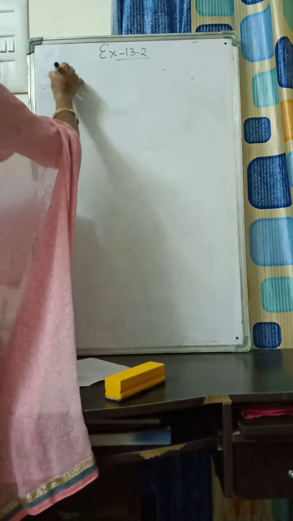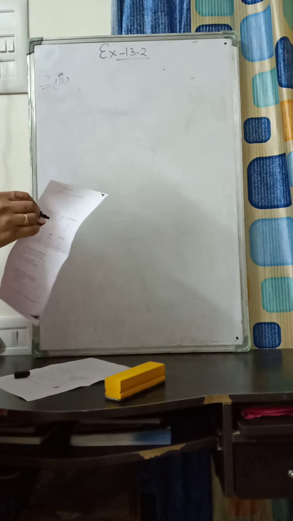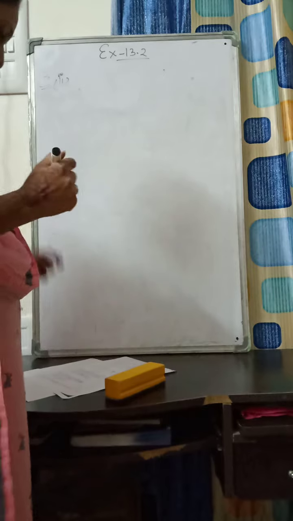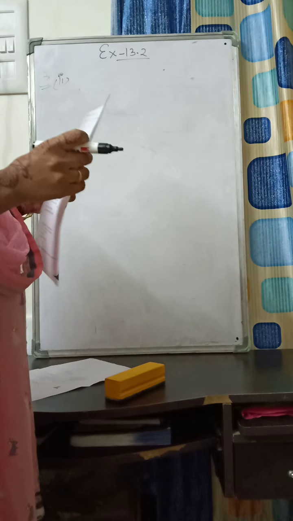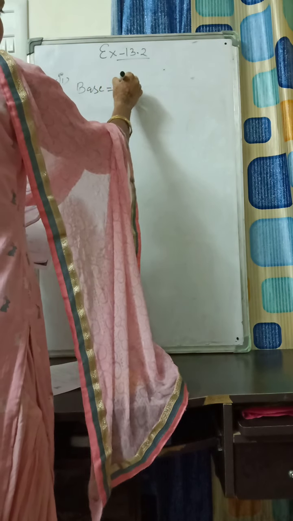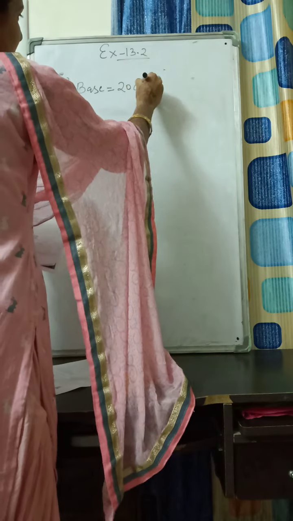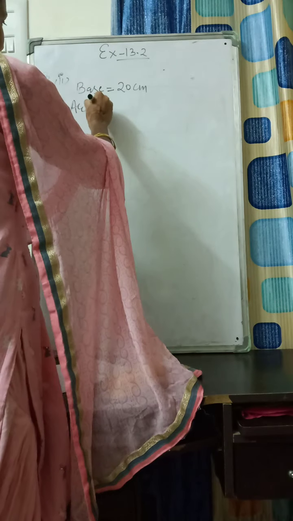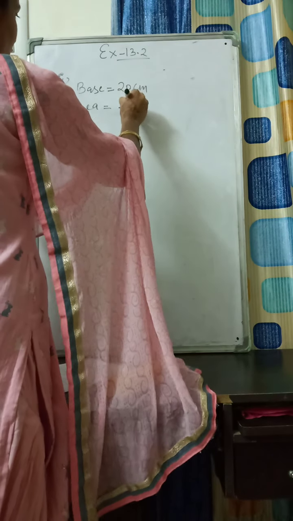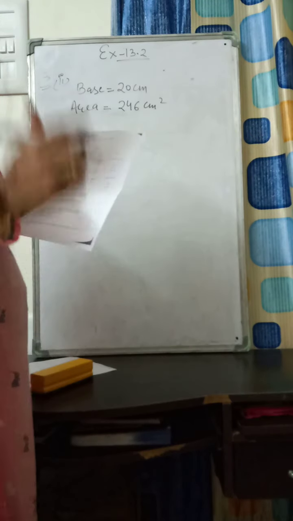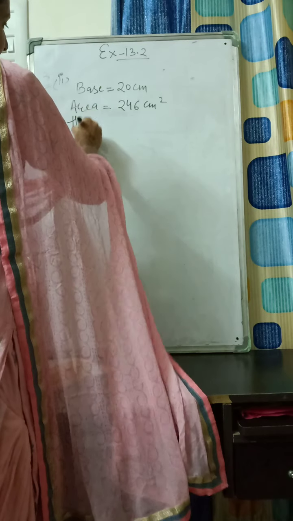So in the third question, second part, the base is given, which is 20 centimeter, and the area of the parallelogram is given, that is 246 centimeter square, and here we have to find the height of the parallelogram.